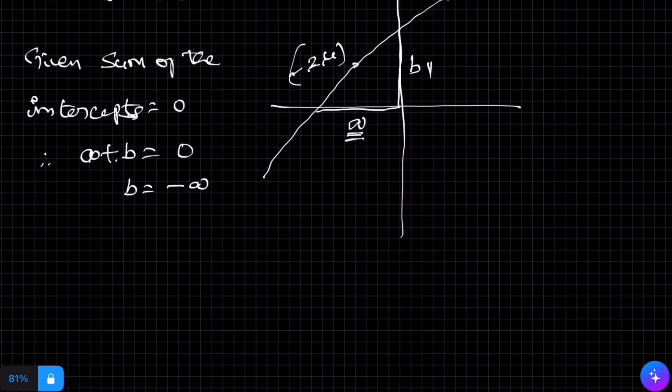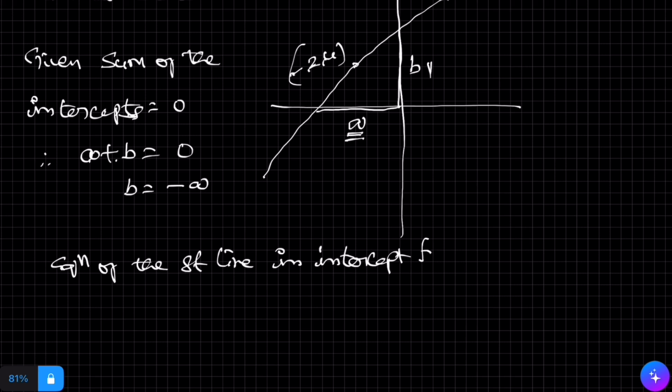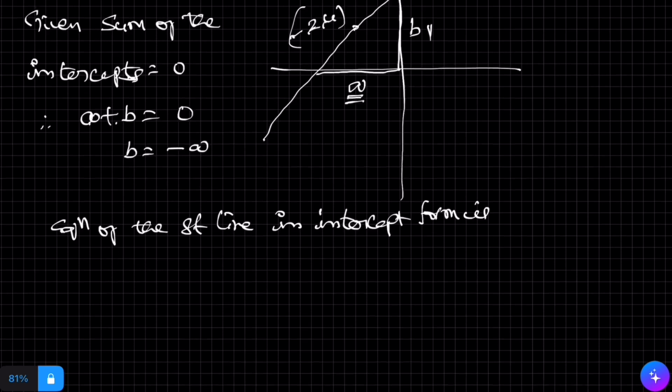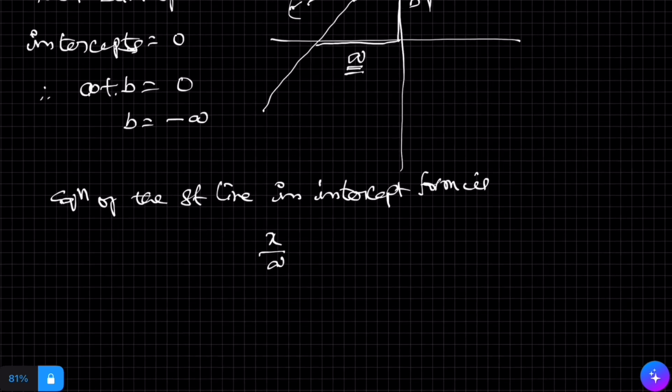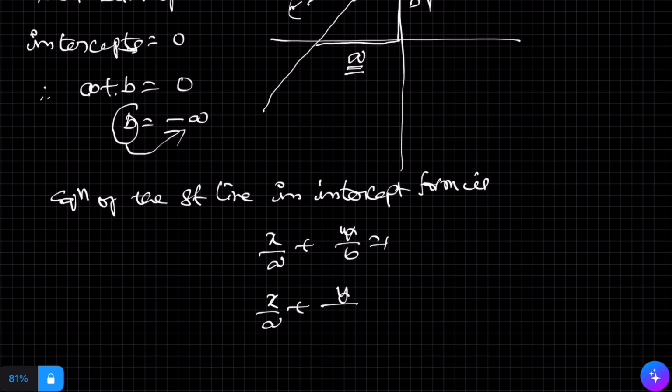Now, we know the equation of a line in intercept form. The equation of the straight line in intercept form is x by a plus y by b equal to 1. But we know that the value of b is minus a. So x by a plus y by minus a equal to 1.